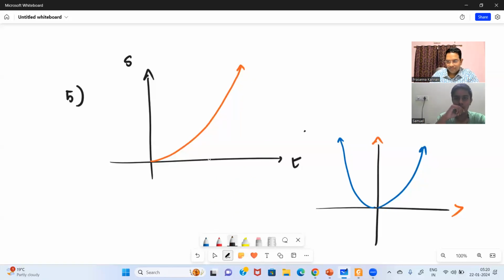You have 4 forms, right? Yeah, there are x squared equals 4ay, x squared equals minus 4ay, y squared equals 4ax, y squared equals minus 4ax. Very good. Of those 4, which one does this represent? Y squared equals 4ax. Are you sure?